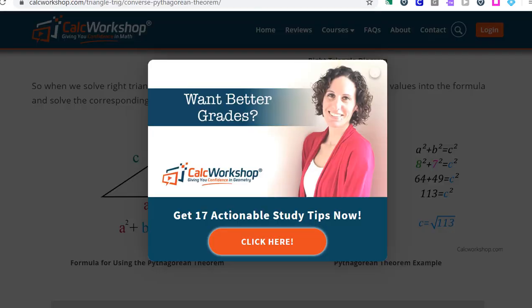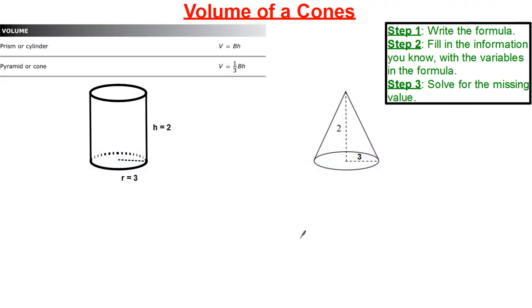Rolling right on through, we're going to talk about the volume of cones. So it's the same exact thing. As you can see for the formula here, the only thing that's different is that we're going to add a little 1/3 at the very beginning. Alright?